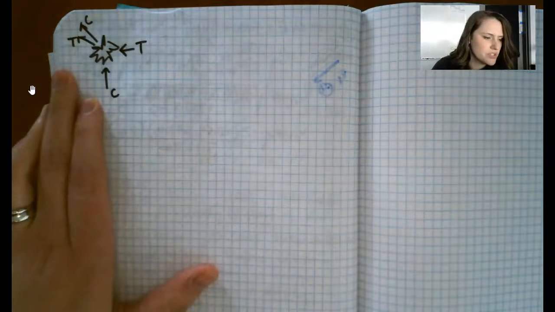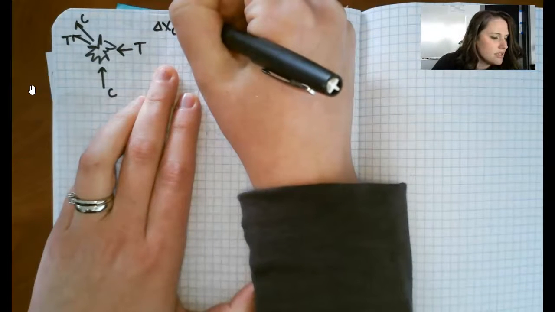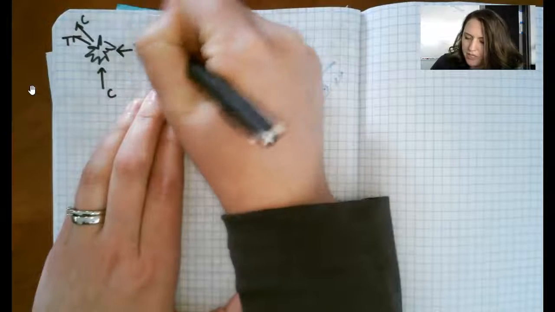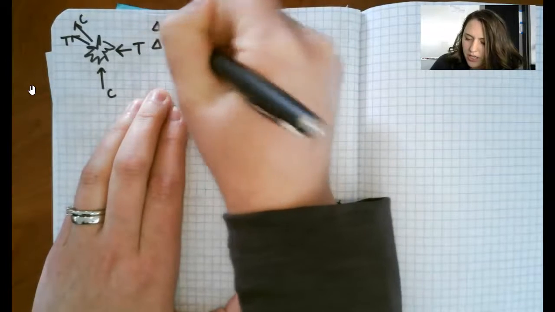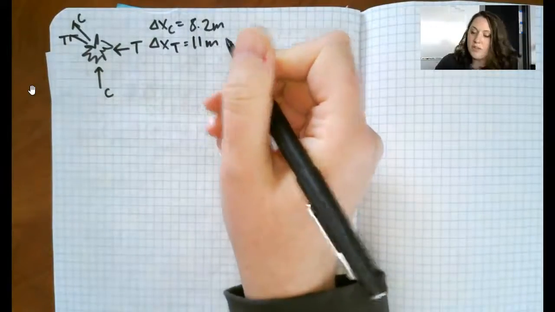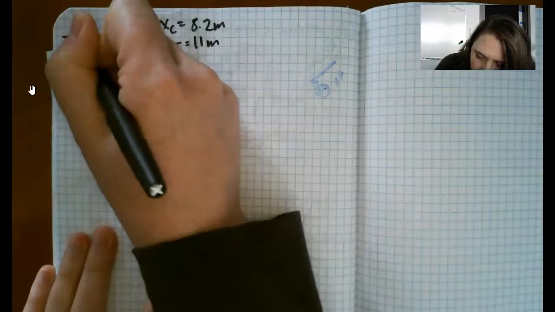So I'm given a bunch of stuff in the problem, right? So I'm going to go ahead and write down some of that. The skid, the displacement of the car during the skid is 8.2 meters. Displacement of the truck is 11 meters. I know the angles that are right here, I know this angle and I know this angle.